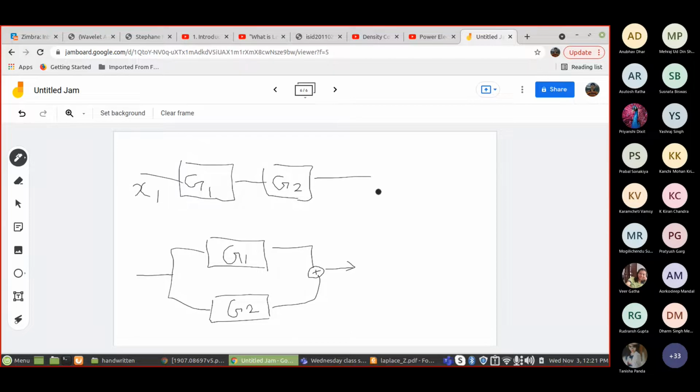So the effective transfer function is g1 times g2. This is a straightforward thing. So for series or cascade interconnections of LTI systems, the equivalent transfer function is given by this, and here it is g1 plus g2. Straightforward thing.